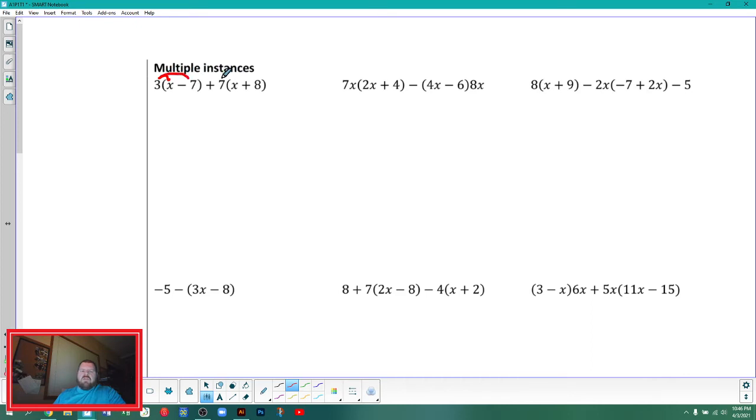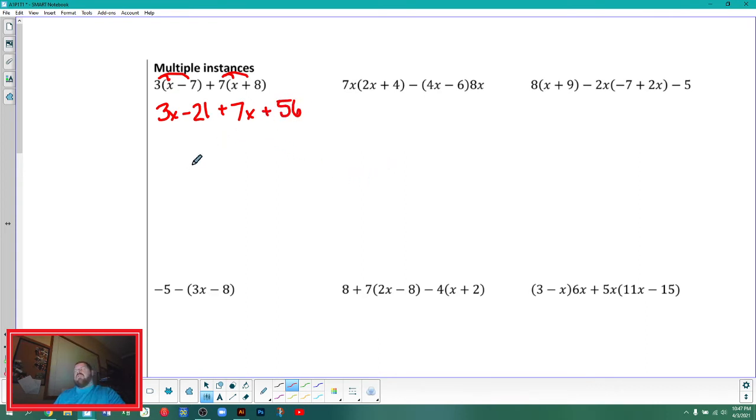Okay, so for this one, I have multiple instances of my parentheses, and all that really means is that I have to distribute multiple times. So as I go through these, 3 times x is 3x, 3 times -7 is -21. Also, I have 7 times x and 7 times 8. 7 times x is 7x, 7 times 8 is 56.